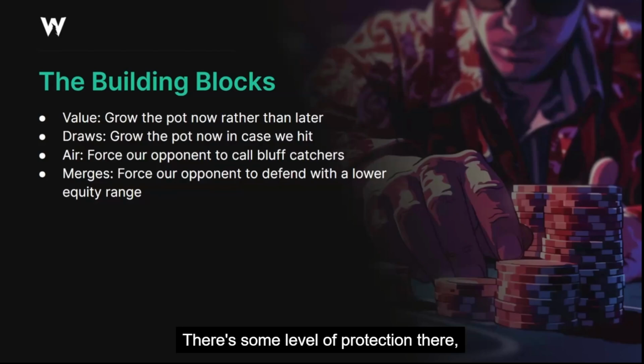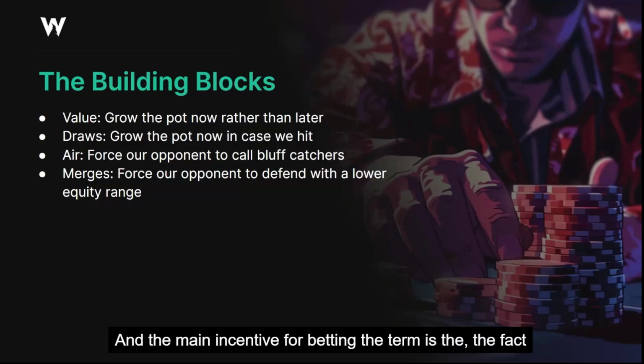There's some level of protection there, but you will see it's a very minimal effect. It's very common for people to blow out of proportion the amount of protection that a hand needs. You'll see there is some effect like that, but it's a rather small one. And the main incentive for betting the turn is the fact that you want to bet now and later.